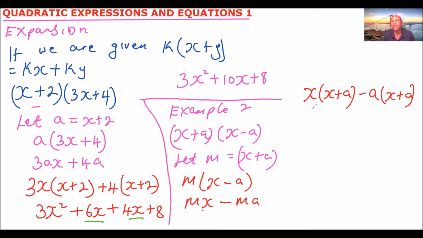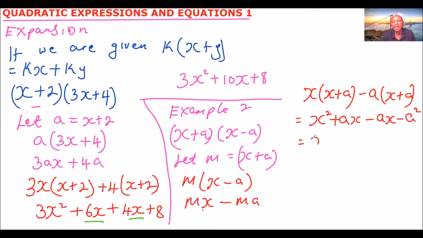So you open the brackets, this will give you x multiplied by x, you get x squared. Then x multiplied by a, that will give us ax. Then we do with that, so we say minus a multiplied by x, that is minus ax, and minus a multiplied by a, that will give us minus a squared, because this a is negative.